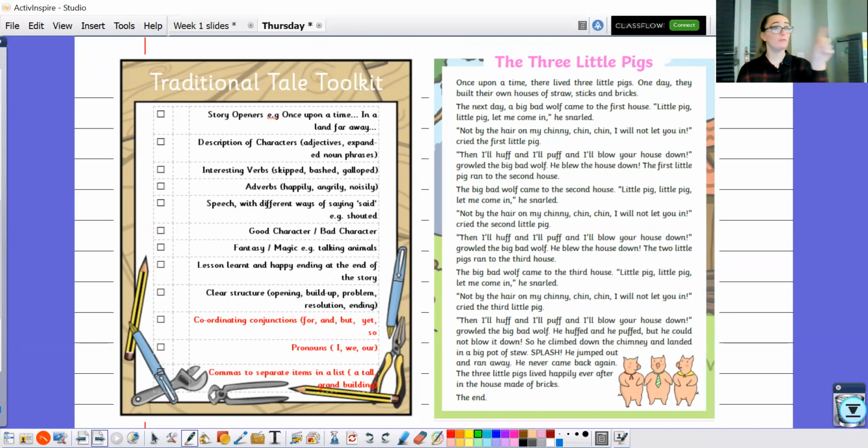So you might want to write story opener, once upon a time, description of characters. Just be aware that every single feature might not be in this text. Okay, so just be aware as you're going through, majority of them will. Just have a little look, see if you can identify any of them. If you want to pause the video here, as always, please feel free to do so.